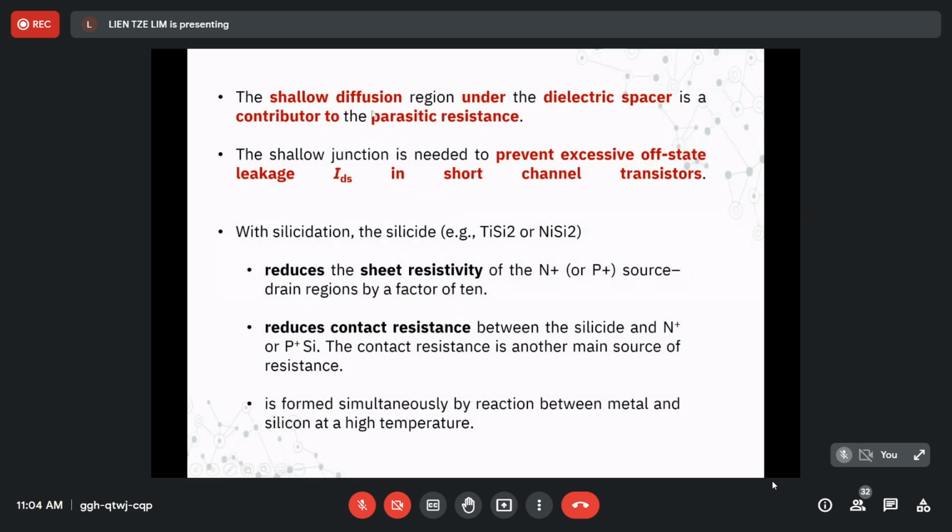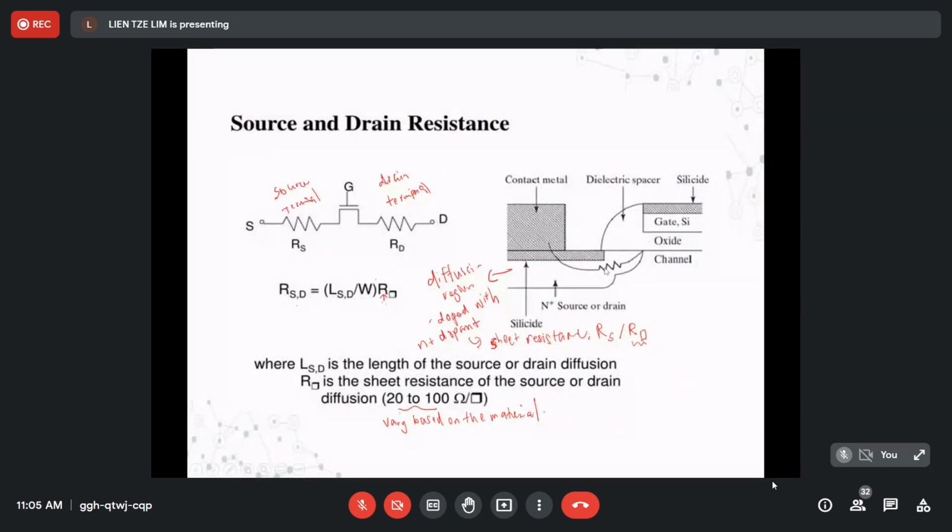The shallow diffusion region under the dielectric spacer is a contributor to the parasitic resistance. The shallow diffusion here has to refer to this diagram. According to my understanding, if I'm not mistaken, the shallow diffusion region under the dielectric spacer refers to this.